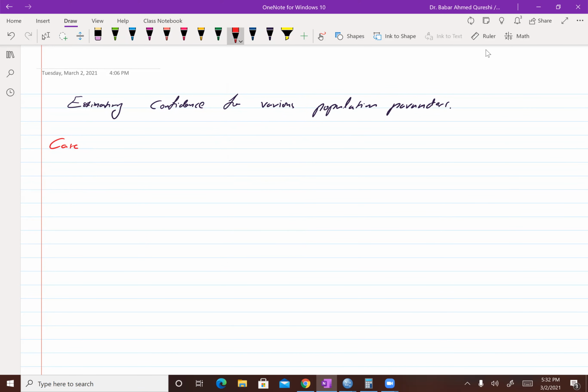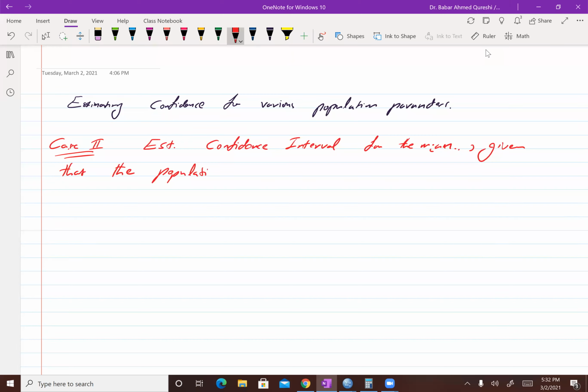I think we called it case 2, where you are estimating the confidence interval for the mean, given that the population is normal.